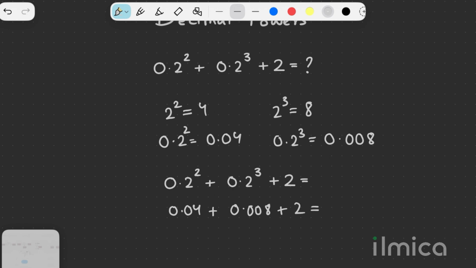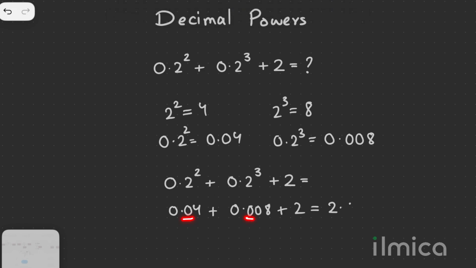So if you add those up, you simply have to add them according to the place that they have in the number. So this will be equal to 2. In the first position of decimal, there is 0 over here, there is 0 over here, there is nothing after this 2, so it's just going to be 0.